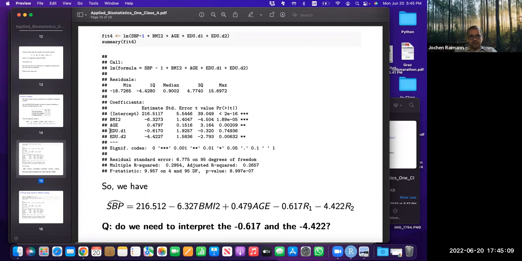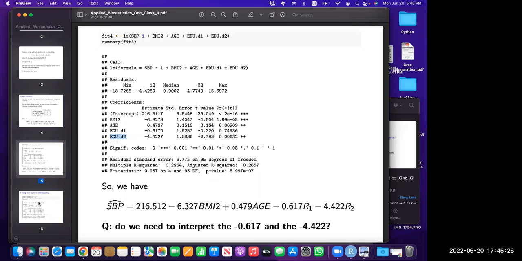But the fact that both high school graduates and college graduates have a lower systolic blood pressure is still valuable information, right? So I think this is the answer to this question. Oh, okay, great. Yeah, that helps.